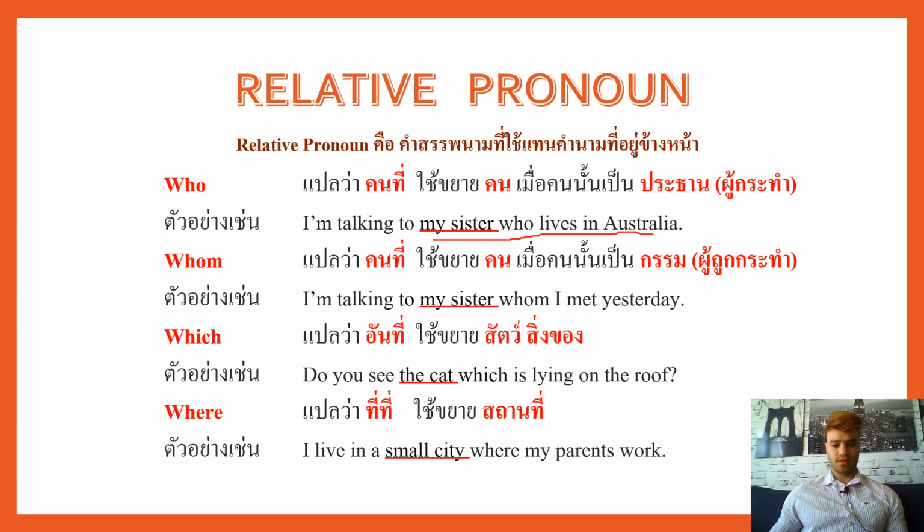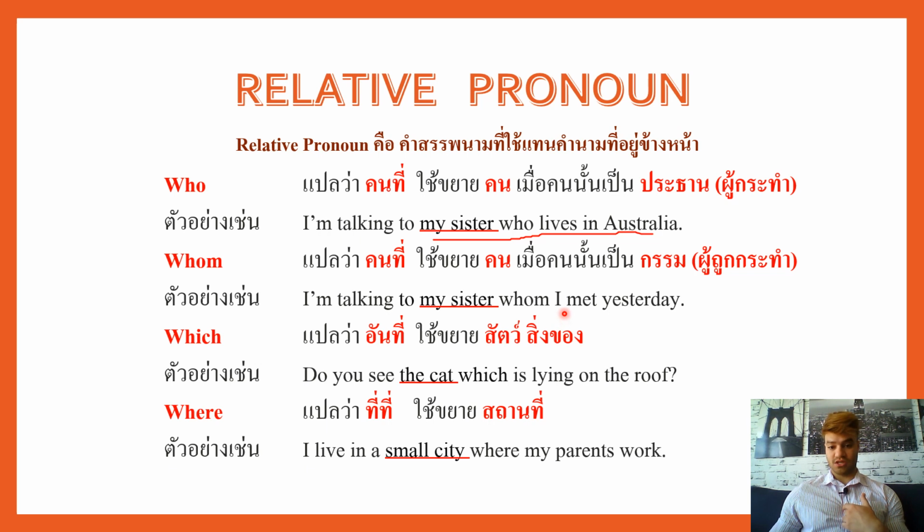Well, whom is a bit similar, but with the object, not the subject. So whom refers to people or person. I'm talking to my sister whom I met yesterday. I am the one who met.